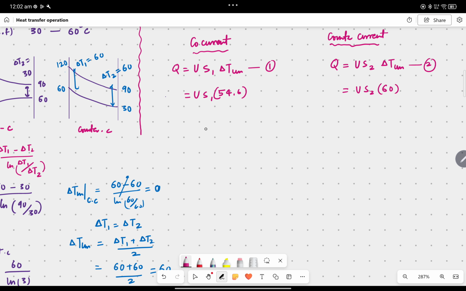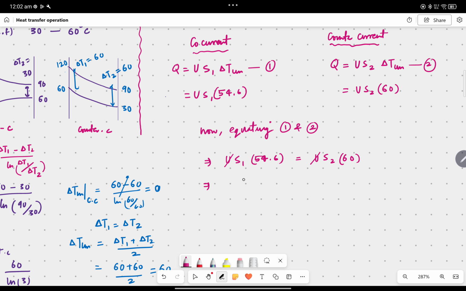Now equating 1 and 2, we get U S1 times 54.6 equal to U S2 times 60. And U is the same, as specified in the question.